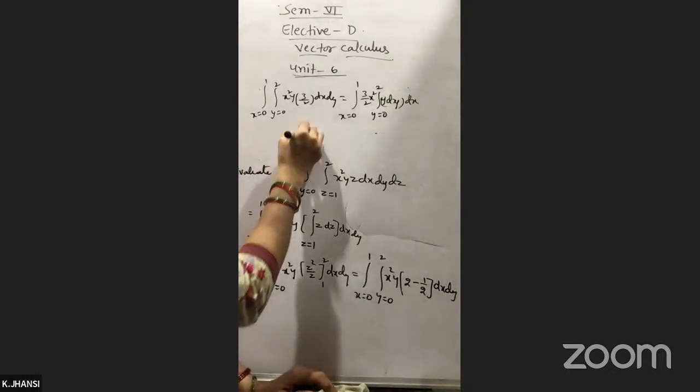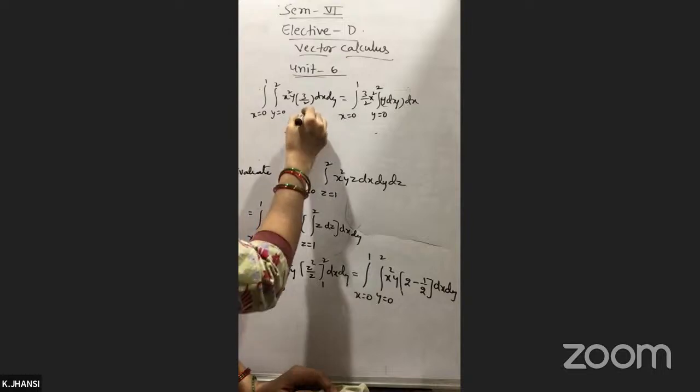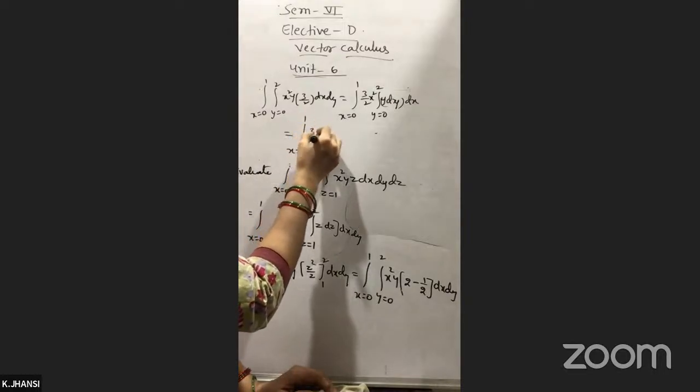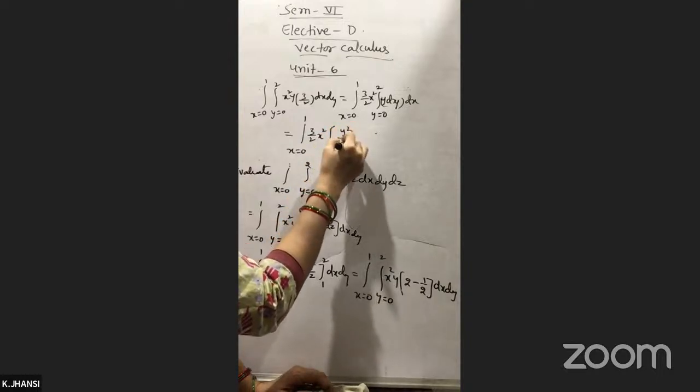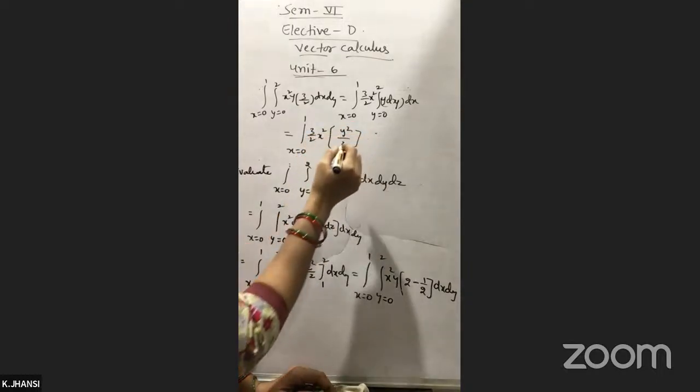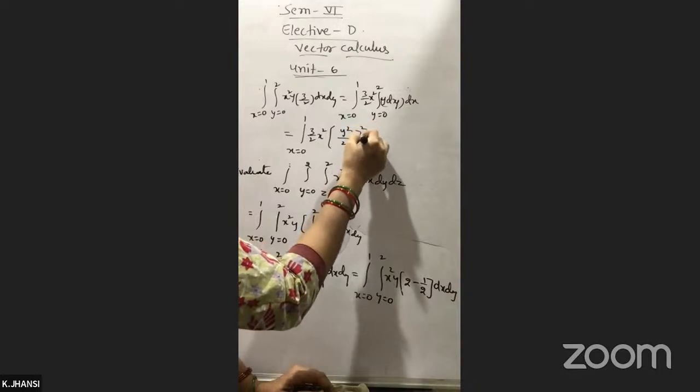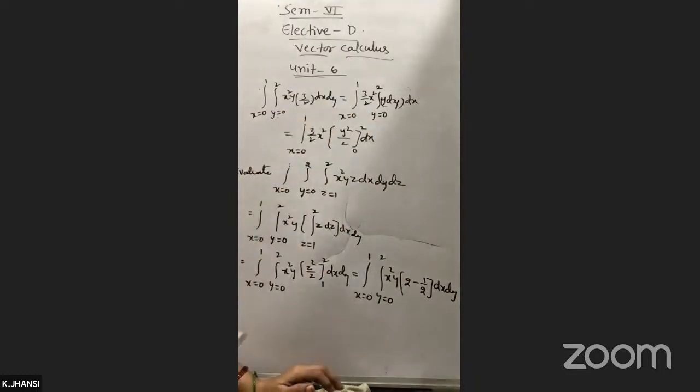Okay. So it is x equals 0 to 1, 3 by 2 x square, and integration of y is y square by 2, and here 0 to 2 limits and dx. Okay.